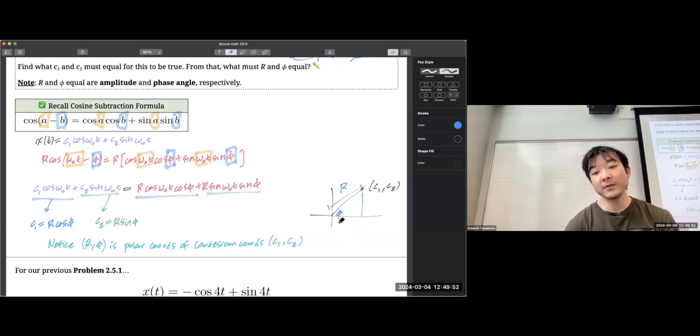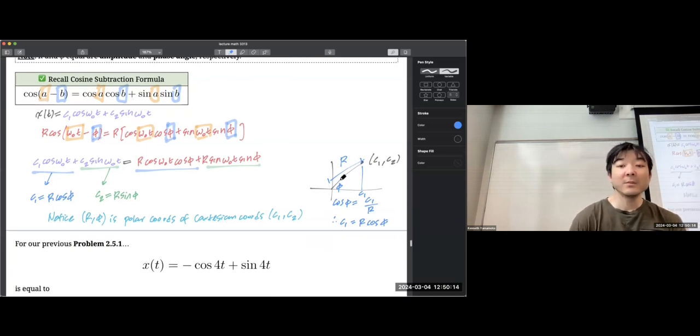If you remember your trig, cosine of phi is equal to adjacent over hypotenuse, so this is C1. Therefore C1 is equal to R cosine of phi. R is the distance from the origin to your point.